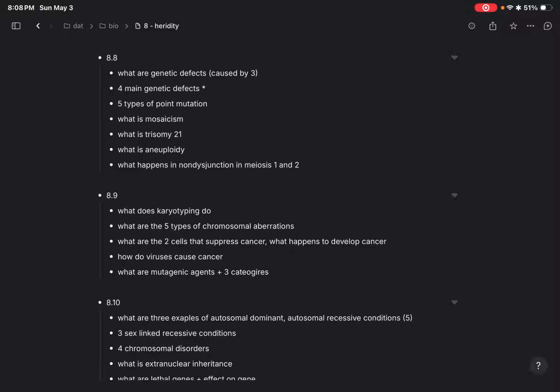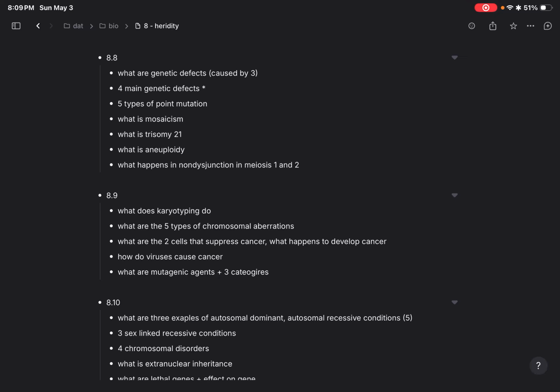What is mosaicism? So during non-disjunction, perhaps I should explain the four main genetic defects as well. So we went to the point mutation, then you have non-disjunction. Non-disjunction is when an incorrect number of chromosomes move from the cell, they're not divided equally between the cells.